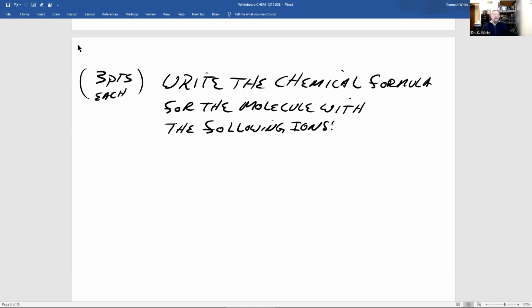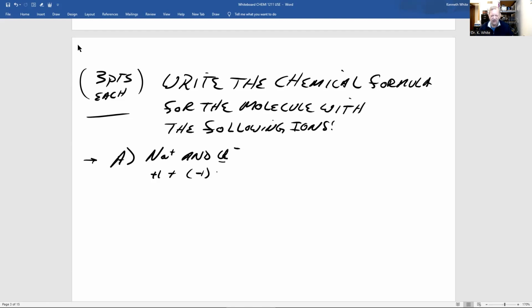So let's look at the following, 3 points each. Write the chemical formula for the molecule with the following ions. So A, do that for sodium +1 cations and chloride -1 anions. Well, what's the charge on this sodium? It's a +1. What's the charge on the chloride anion? -1.